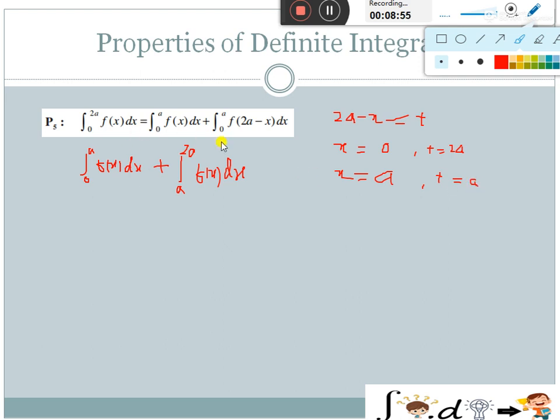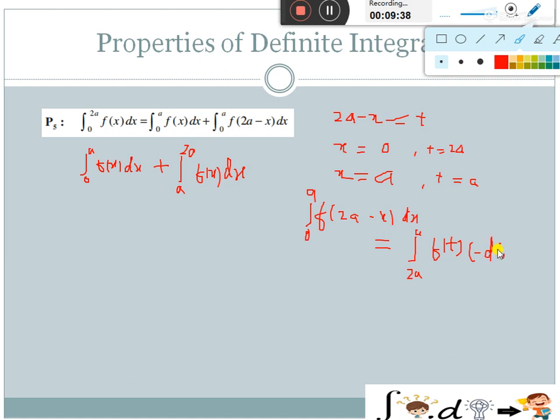Is it clear? And therefore this integral, 0 to a f of 2a minus x dx is equal to 2a to a ft and minus dt, because dx is equal to minus dt.